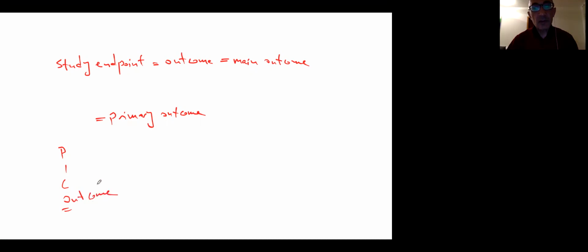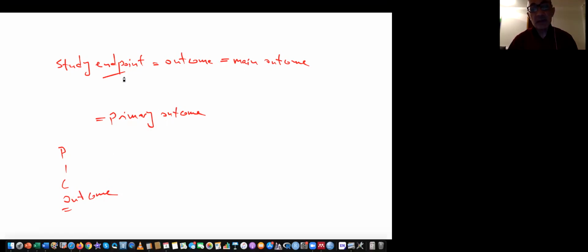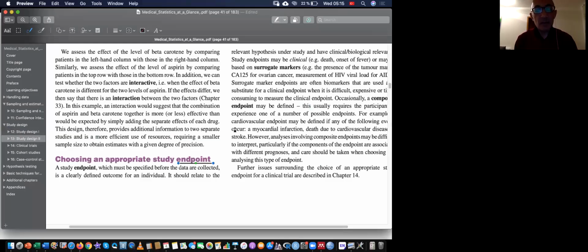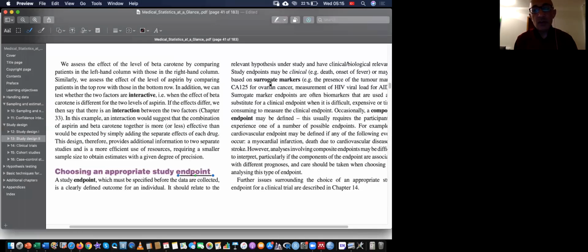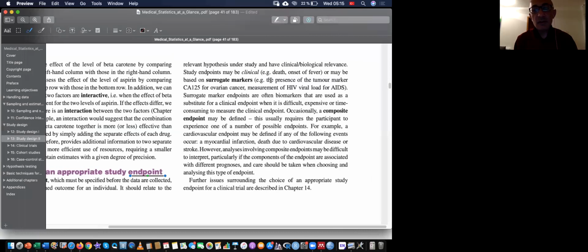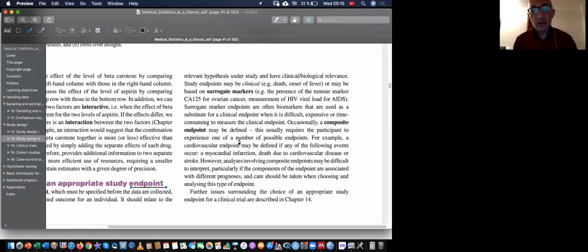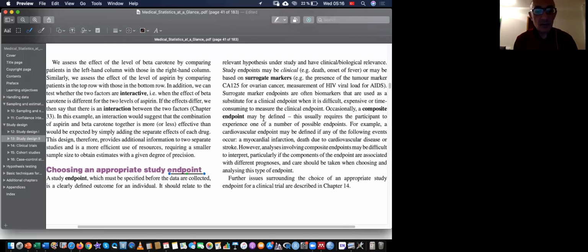So instead of outcome, we could say endpoint, main outcome, primary outcome, it doesn't matter. It means the same. It should relate to the relevant hypothesis you are studying. Okay. So that much is enough, I think.